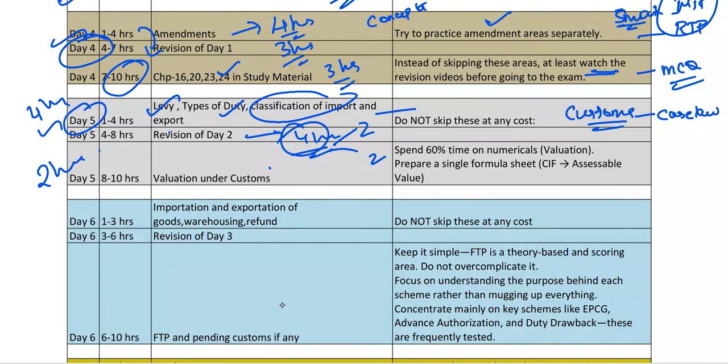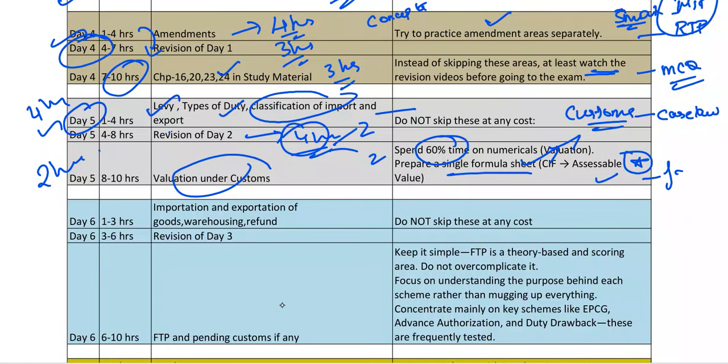Next, valuation of customs. This is very important. Just try to understand how to read this. Spend 60% of your time on the numerical area. Instead of sitting and studying the concepts again and again, I want you to concentrate more on the numerical part. Once your numerical part is done, prepare your sheet, starting with the CIF value and finding out the assessable value.